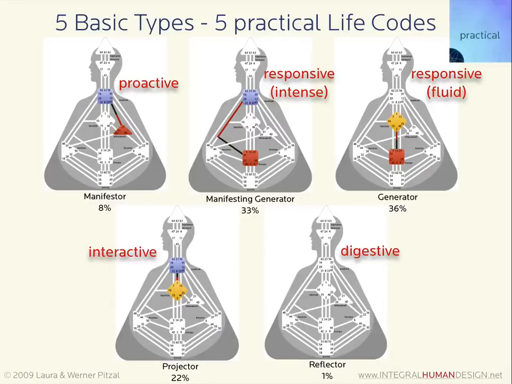They have this intensity of energy available, and the pure generator has a different quality. It's more about flow. And they both get there at the same time, it's just different rhythms. So again, the high frequency or the low frequency is what really creates the fluidity and the harmony in the generator type.